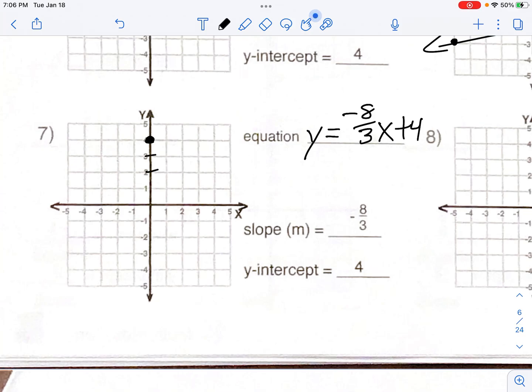So down 1, 2, 3, 4, 5, 6, 7, 8, and then right 3. Obviously, I cannot get another dot on the graph going forward or backward, so we just have to settle for 2 dots. All right? And then draw your line. Move that over just a little bit. There we go, that's better.